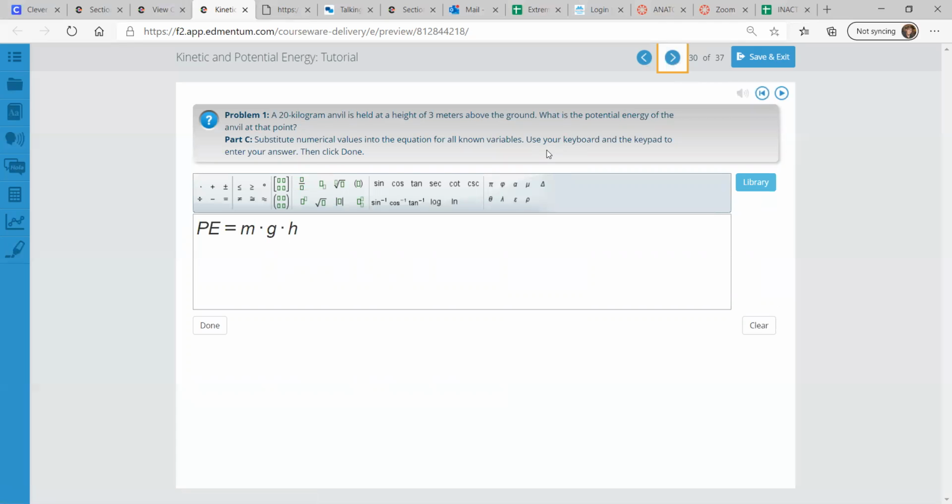Now, substitute the numerical values into the equation for all known variables. Use your keyboard and keypad to enter your answer. So the mass is 20 kilograms times g, which is 9.8 meters per second squared times the height, 3 meters above the ground.